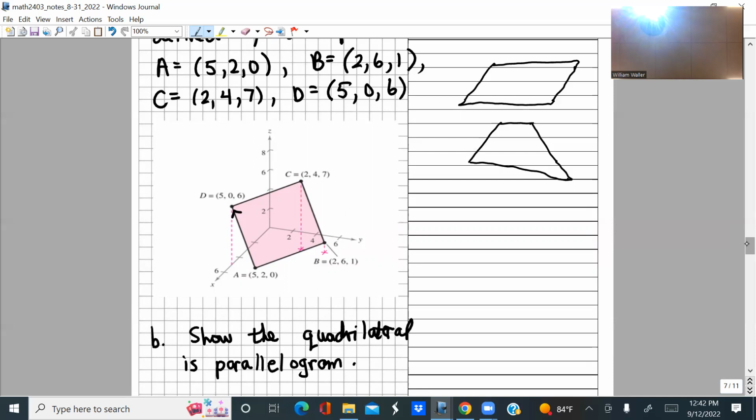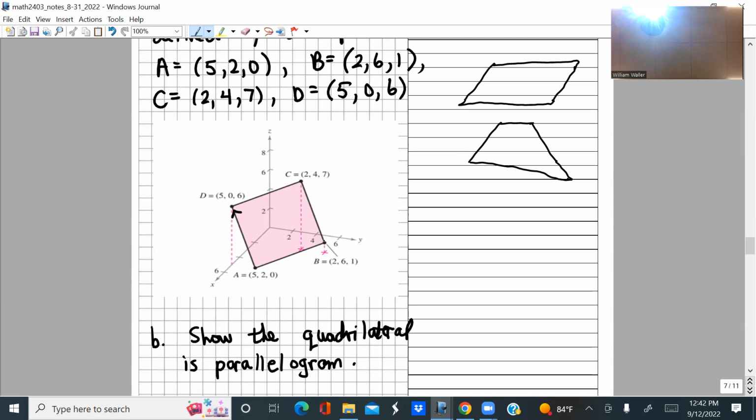It's going to be hard to do slope calculations here because we're in three-dimensional space, not in two-dimensional space, right? But you can check to see if sides are parallel by using vectors.